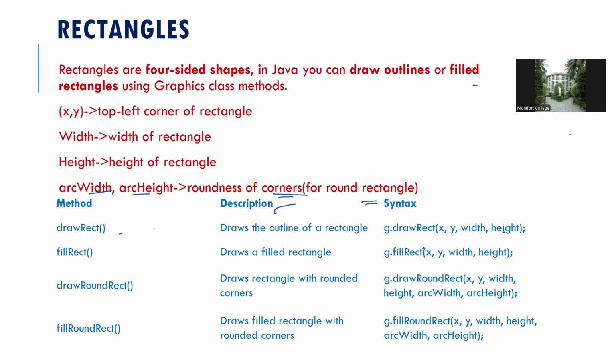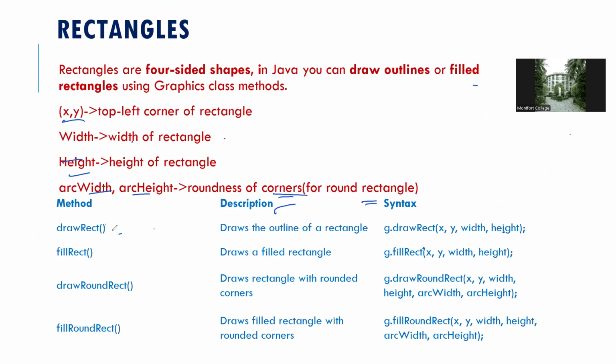Okay, rectangle requires the x-axis and y-axis of one point, and the width and height. That's it. So rectangle and square all take it like this. Here for rectangles you see x, y, width and height.